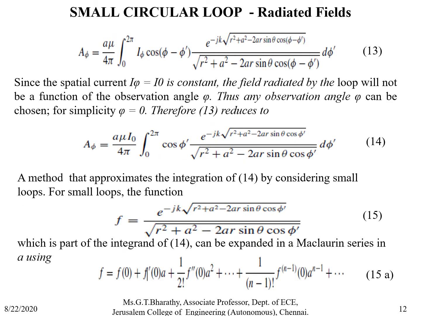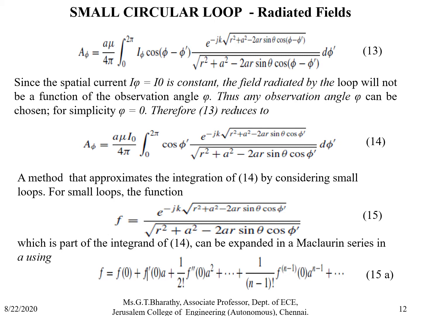Since the spatial current I phi is equal to I naught, which is constant, the field radiated by the loop will not be a function of the observation angle phi. Thus, any observation angle phi can be chosen. For simplicity, we are choosing the value of phi as 0.